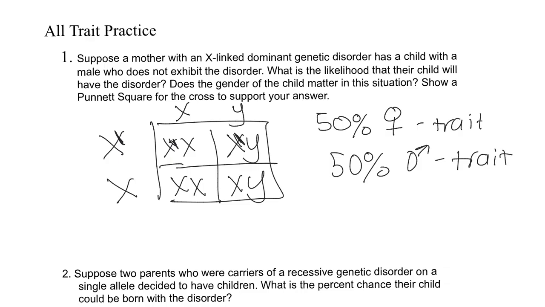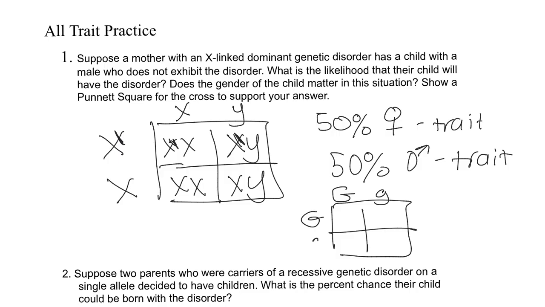Now, interestingly enough, this asks a question, does it matter what the gender is? And the truth is it doesn't. If I were to do a normal Punnett square with this, let's take a look. I'll use the letter G. So here's the dad, here's the mom.